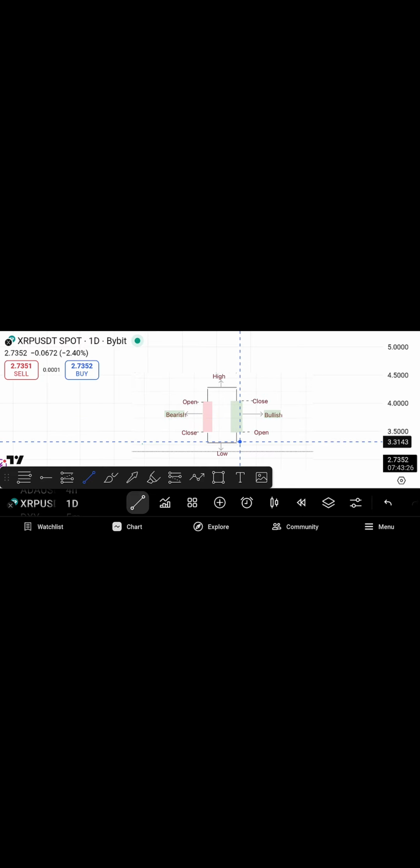When you see this wick, it means sellers can't take the price on the bullish candlestick. They try to take the price down like this, and after it reaches this last point, buyers come back into the market and take the candlestick up.